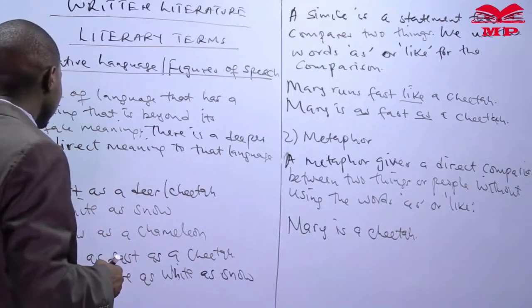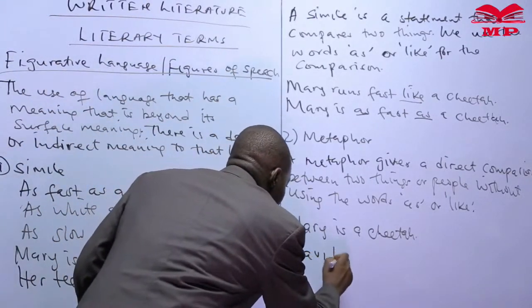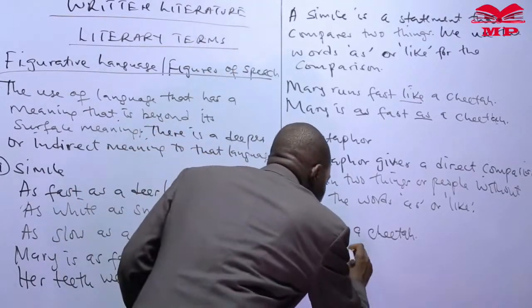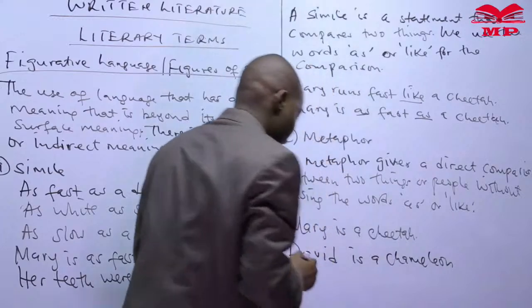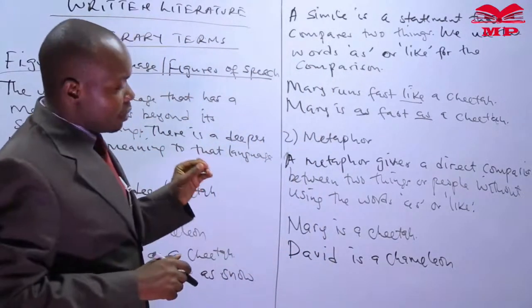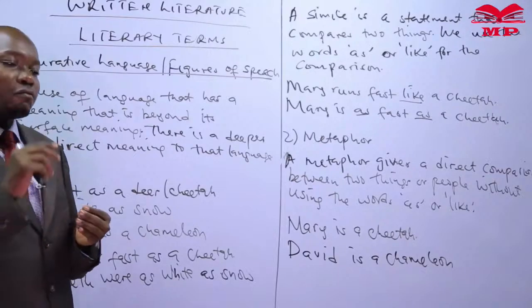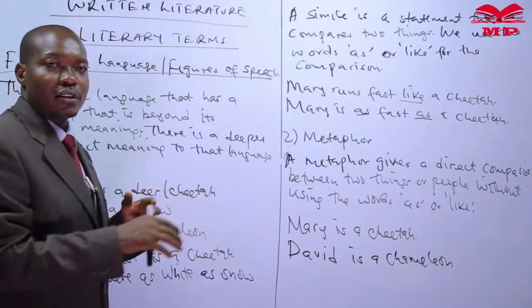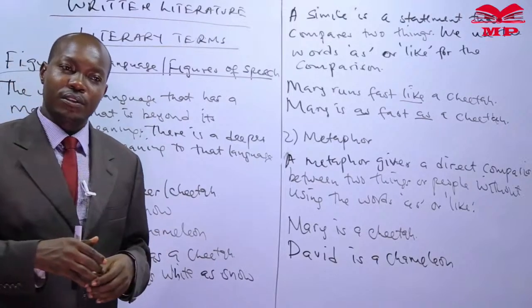Number two, maybe David is a chameleon. Now, a chameleon is known for two things. One, for moving very slowly. And number two, for changing colors.